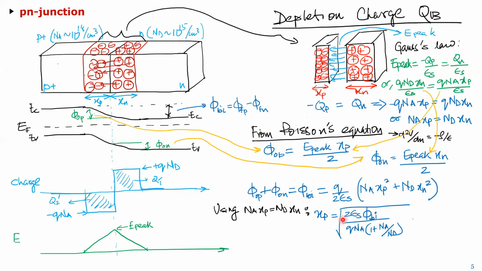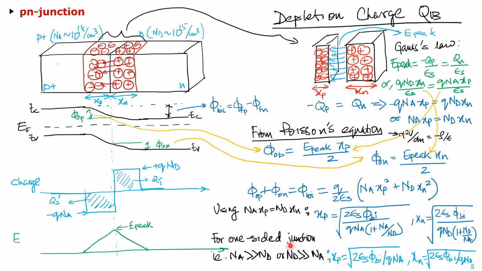So if that's the case, you actually find the length of the depletion in the P area, you find the length of the depletion in the N area, and I can do one approximation, which is called a one-sided junction. One-sided junction means you're assuming that the P side is so heavily doped that this is almost like a sheet here. So all your depletion area is on the lowly doped side. If you make that approximation, this Na over Nd term becomes 1.